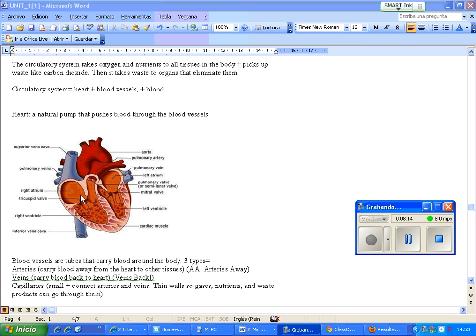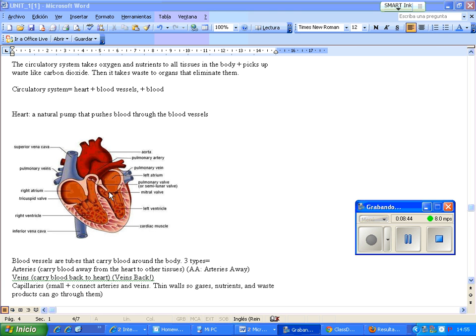The 2 upper chambers are the right atrium and the left atrium. The 2 lower chambers are the right ventricle and the left ventricle. When blood goes into the heart, it enters the right atrium or the left atrium, then goes to the ventricles.